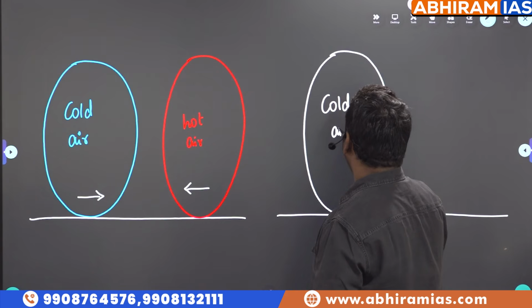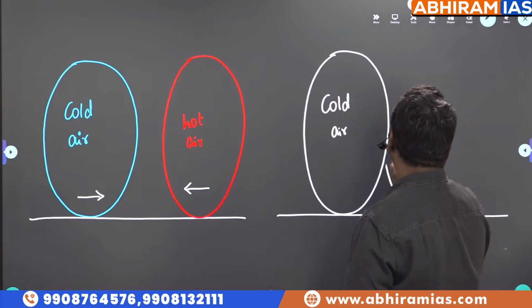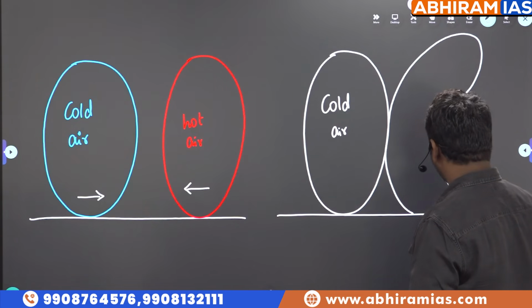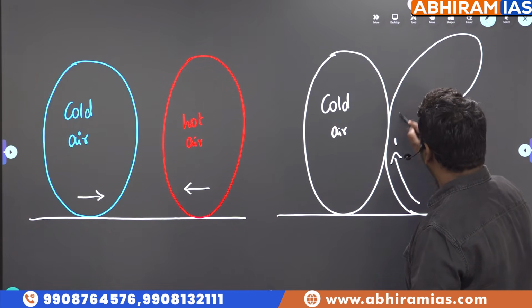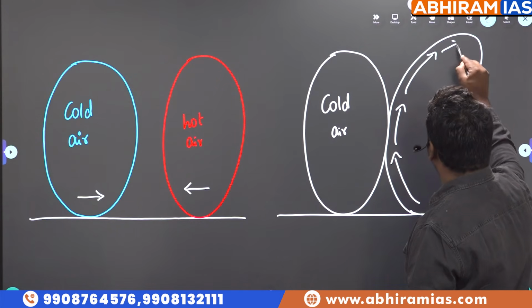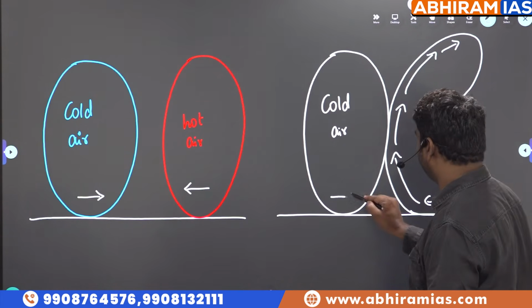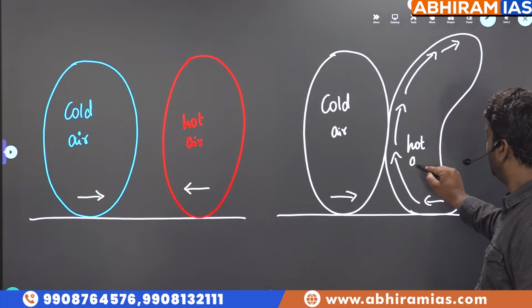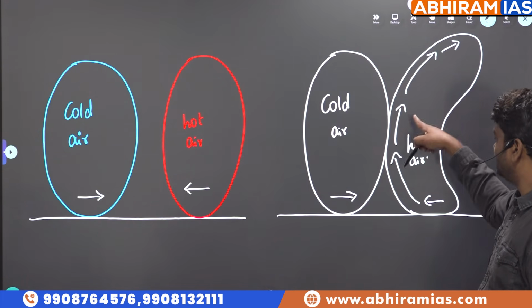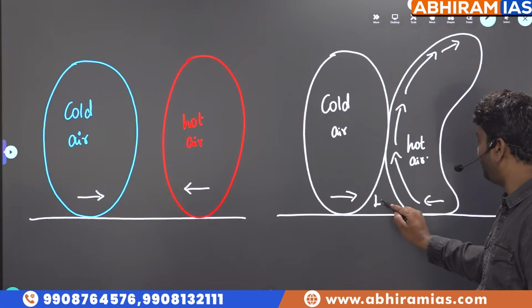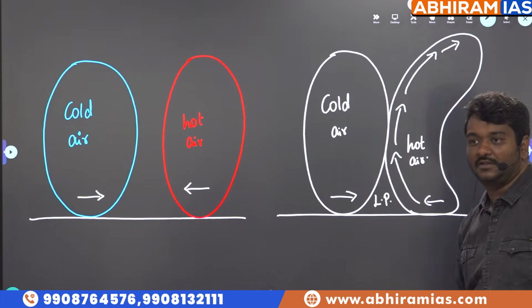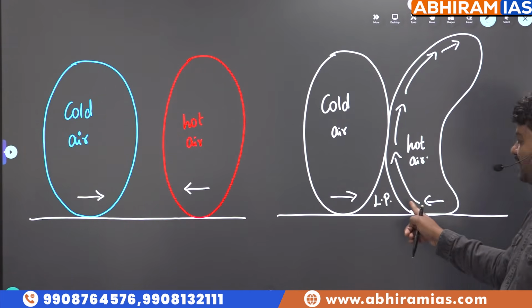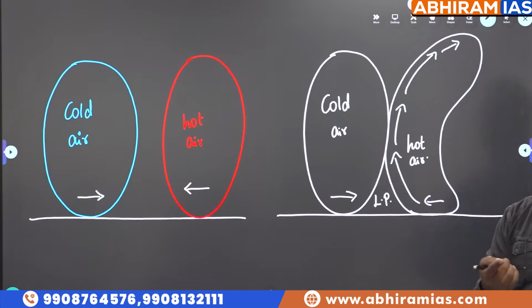Cold air, which air rises? Hot air rises. Okay, please see here. If hot air rises, can we say number of particles will be less? That means what? Low pressure. As air keeps rising, can we say number of particles reduces? Then it becomes what? Low pressure.